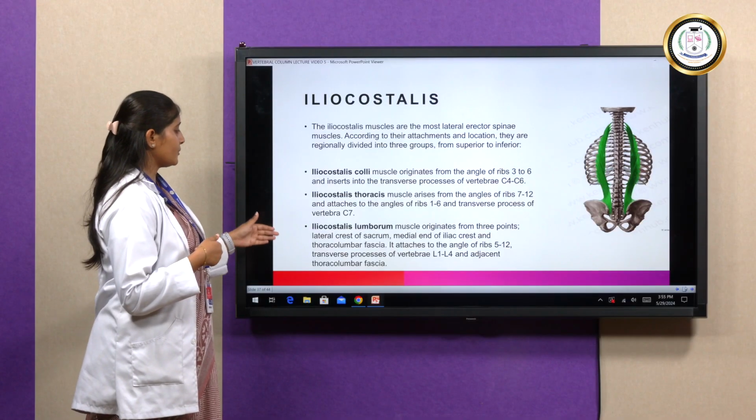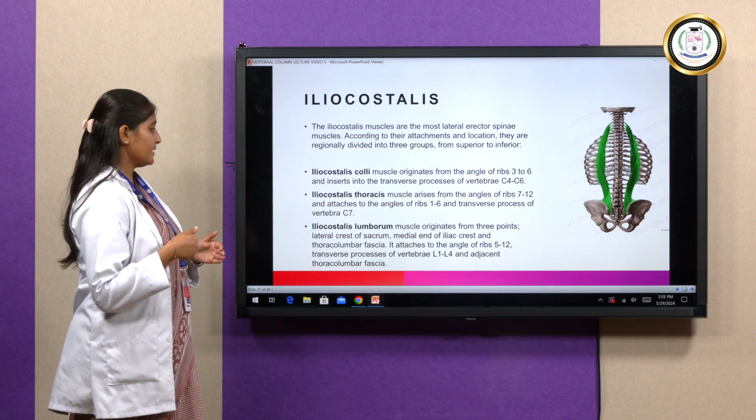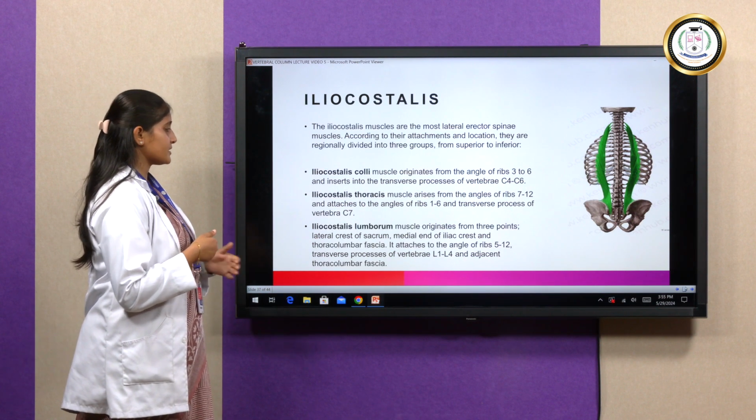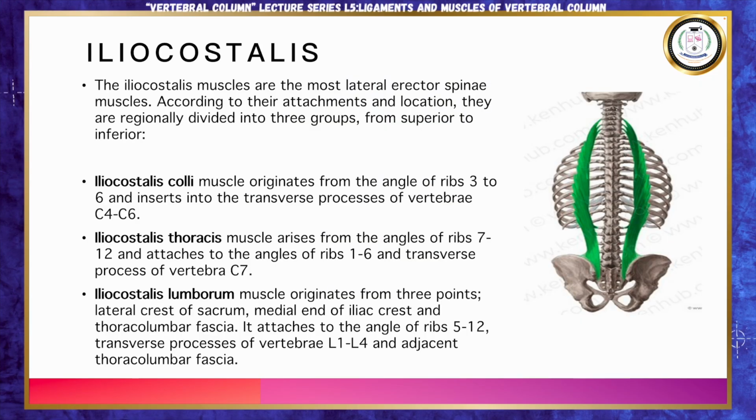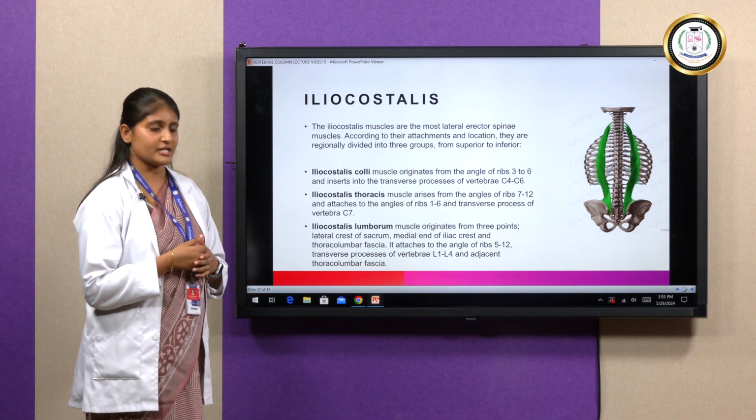Then we have iliocostalis lumborum, which originates from three points, especially the lateral crest of the sacrum, the medial crest of the iliac crest and the thoracolumbar fascia. It attaches to the angles of ribs 5 to 12, the transverse processes of vertebrae L1 to L4 and the adjacent thoracolumbar fascia.